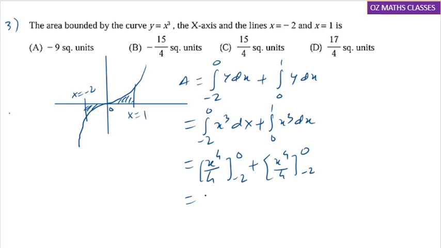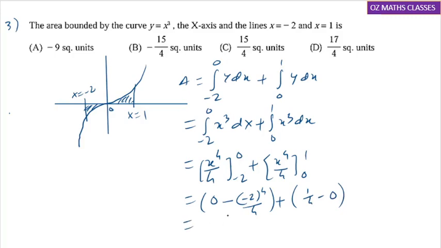First replace x by 0, so 0 power 4 by 4, then replace x by minus 2, so minus 2 power 4 by 4. And here also, the limit is 0 to 1, so first replace x by the upper limit 1, giving 1 by 4, and then replace x by 0.